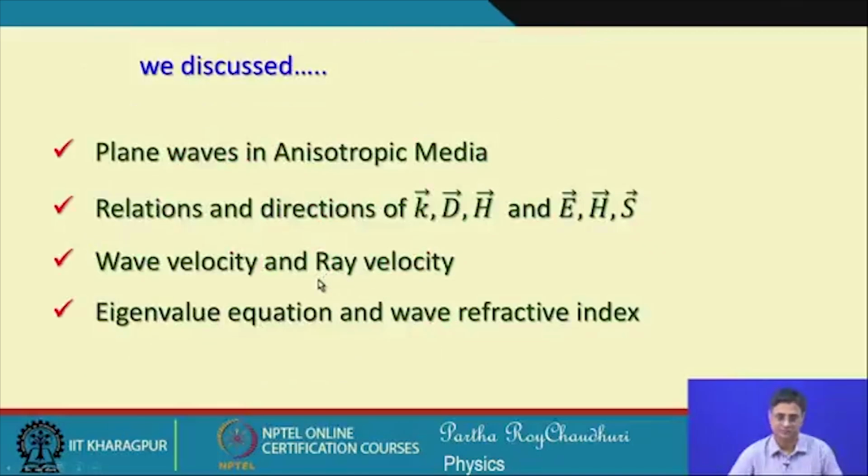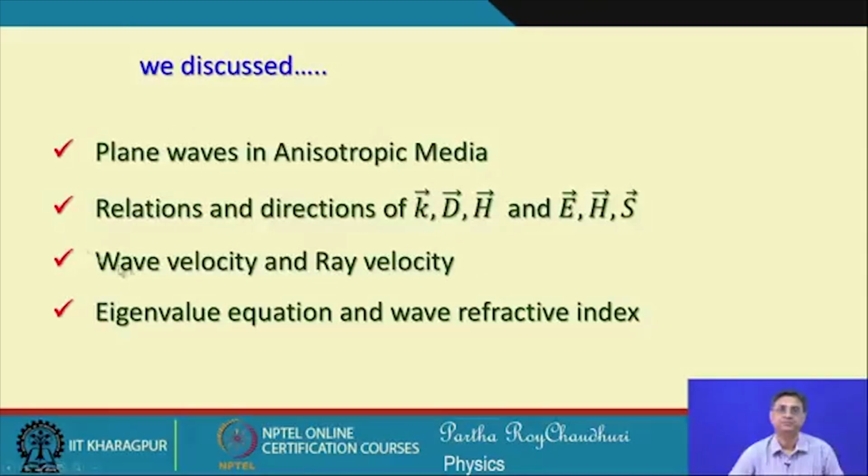So, in this case we have seen how to write the wave equation for plane waves travelling in an anisotropic medium, and in doing so we established the relationship between the k, d and h vector fields, and also the E, H and S. We have seen that these two sets, k, d, h and E, S, H, individually form an orthogonal triad of vectors.